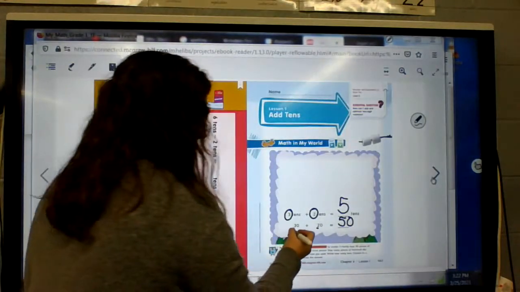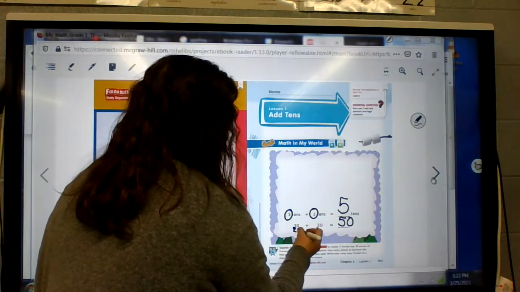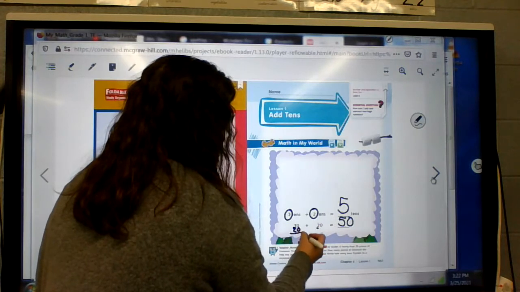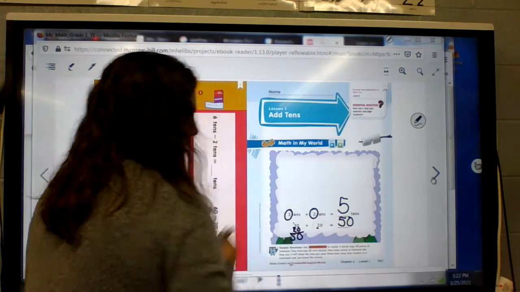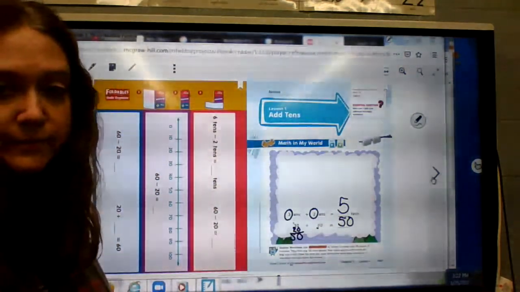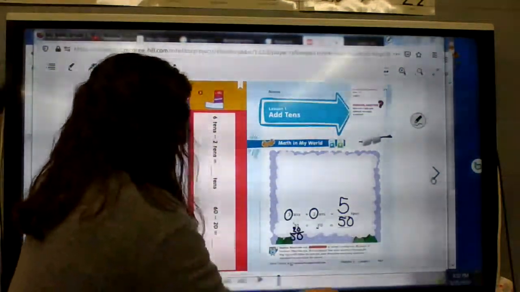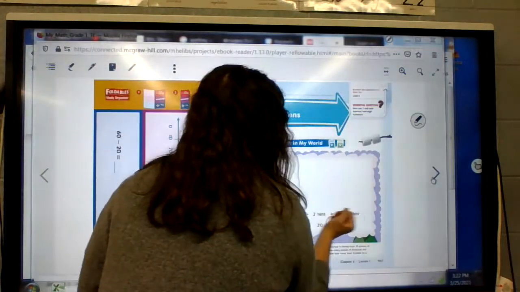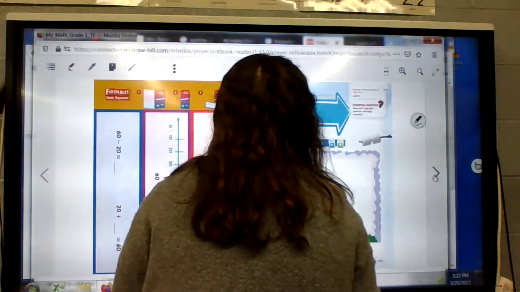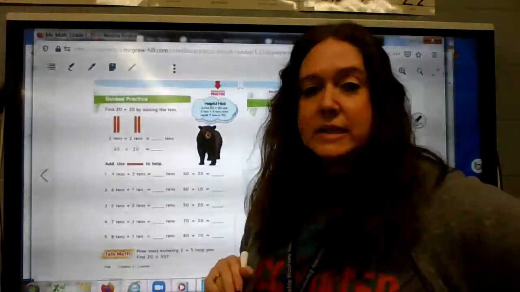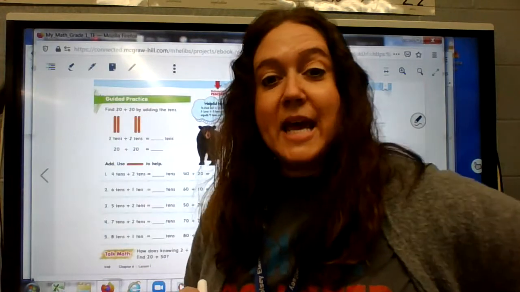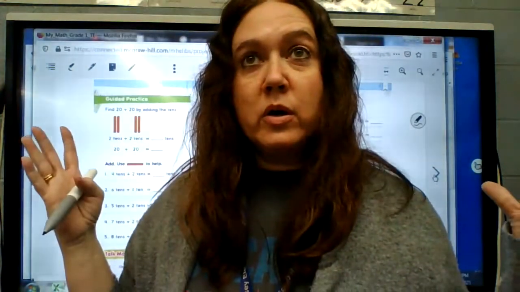If you're having a hard time, remember I said you could write it under here. 0 plus 0 is 0. 3 plus 2 is 5. And then now you have your 50. Okay. So, finding 20 plus 20 by adding tens. 20 means 2 tens, and 20 means 2 tens.